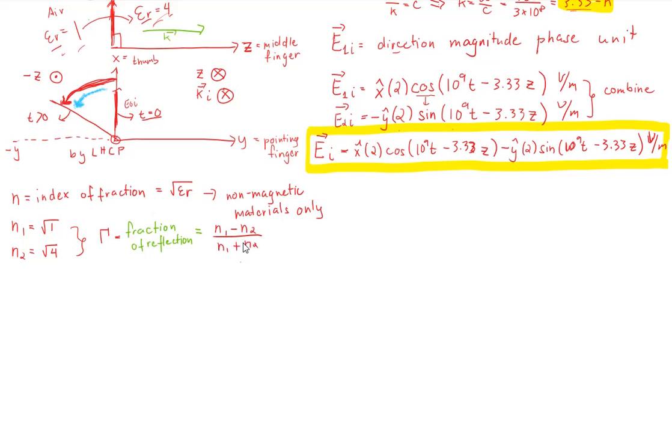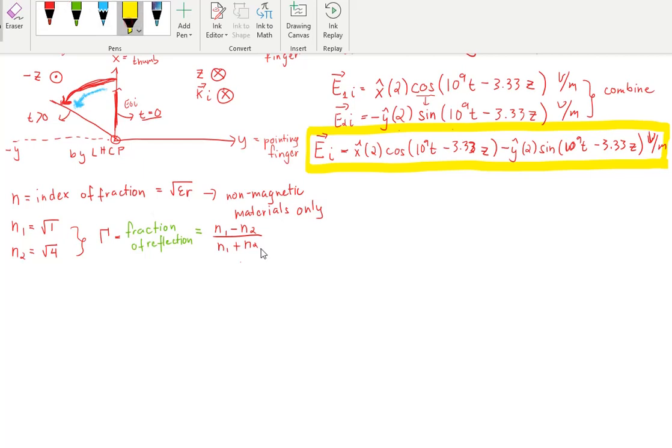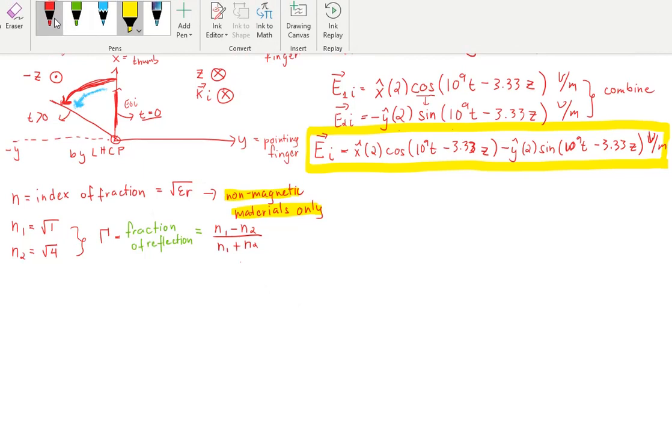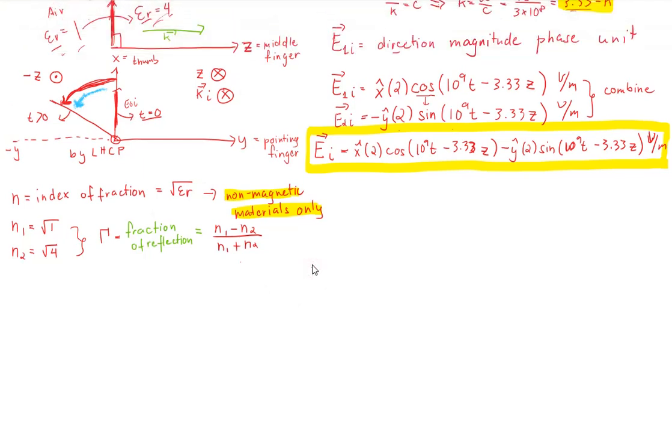And again, quick reminder, this is for non-magnetic materials only. And that includes this equation over here that we just wrote down. So with that, we could just substitute: root 1 minus root 4 over root 1 plus root 4. And that just comes out to 1 minus 2 is negative 1 over 3.